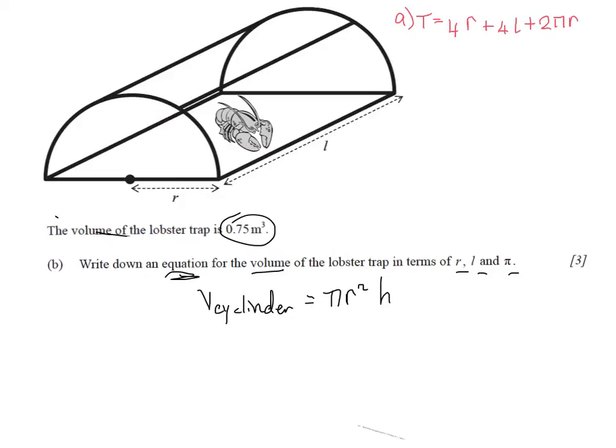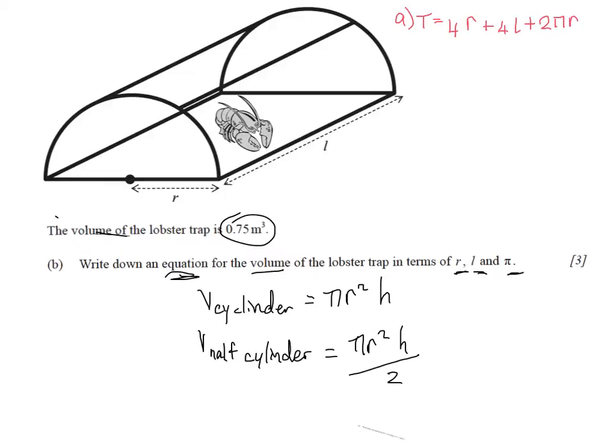We don't have an entire cylinder. We have half a cylinder. So the volume of our half cylinder would be pi r squared times h over 2. Now, the question said, give the answer in terms of r, l, and pi.